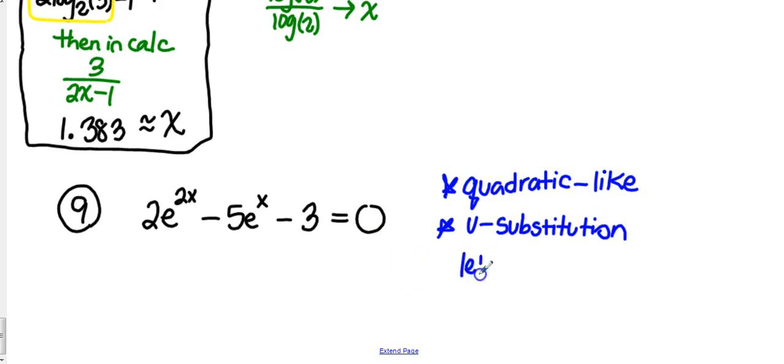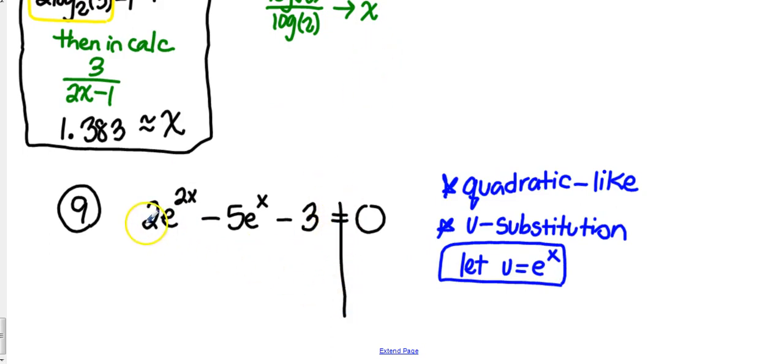So for this example, let's see. Well, the term that's present in both is e to the x. I have e to the x right here and e to the x right here. So we're going to let U equal e to the x. Let's see how nice this becomes when we do that. So 2e to the 2x will become 2u squared.